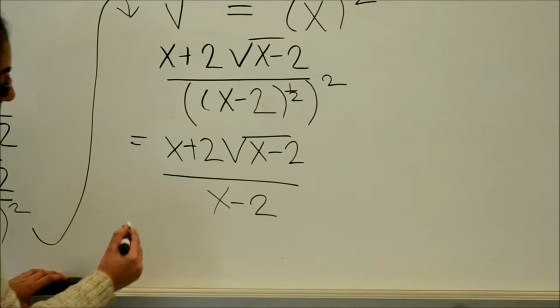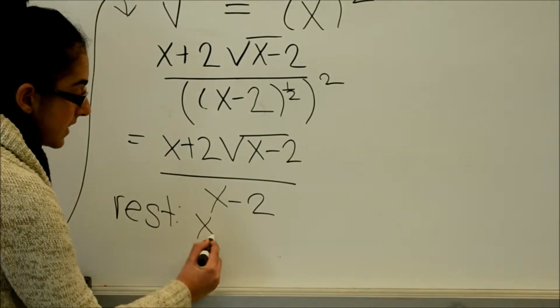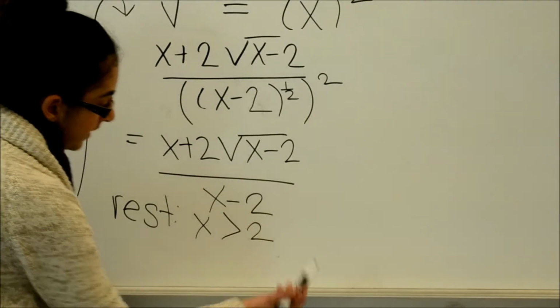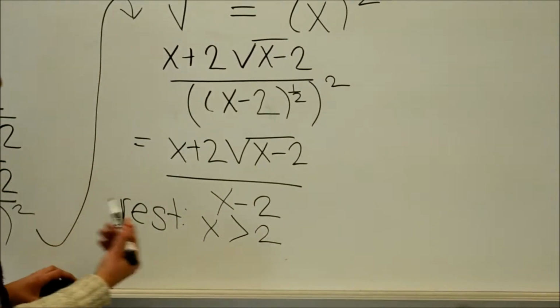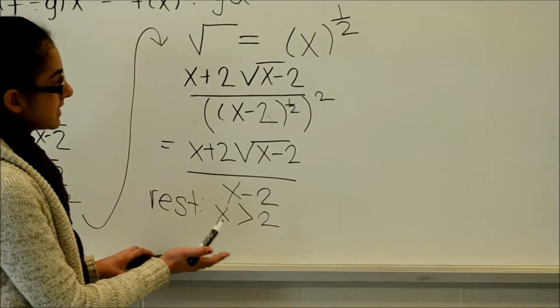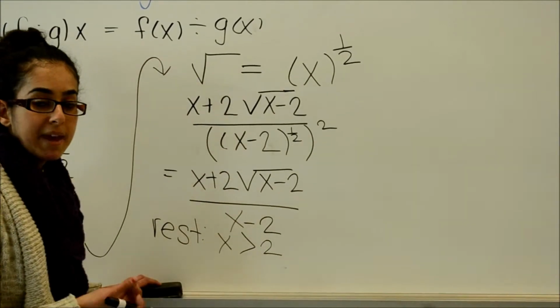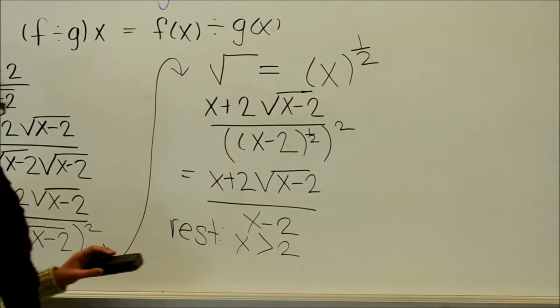So now let's state the restrictions. The restriction is x has to be greater than 2. And this is because x cannot equal 2 or a negative number, because that will create a negative sign in the square root, which will make the answer undefined.